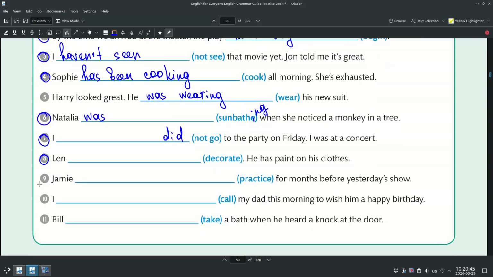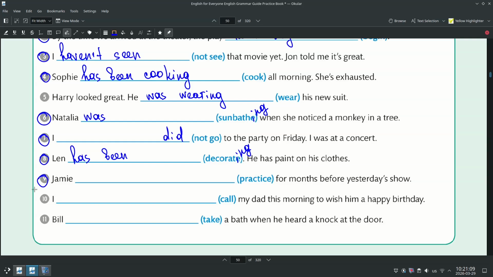Number 8. Len decorate. He has paint on his clothes. Len has been decorating. He has paint on his clothes. Number 9.